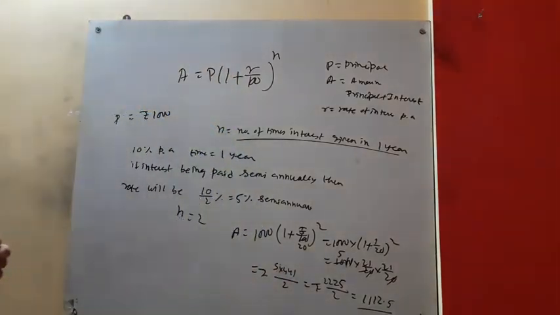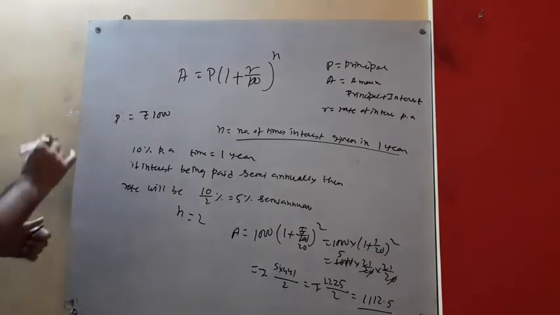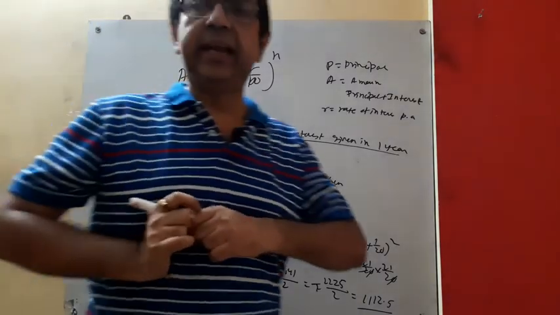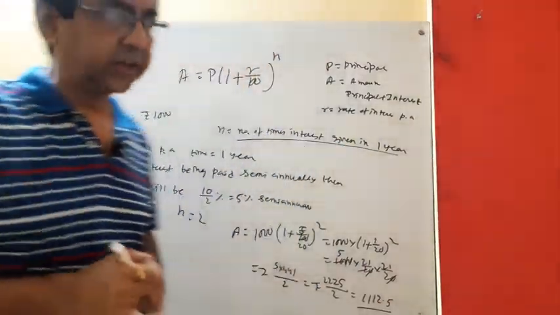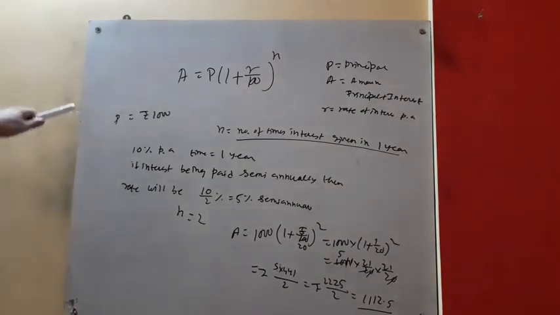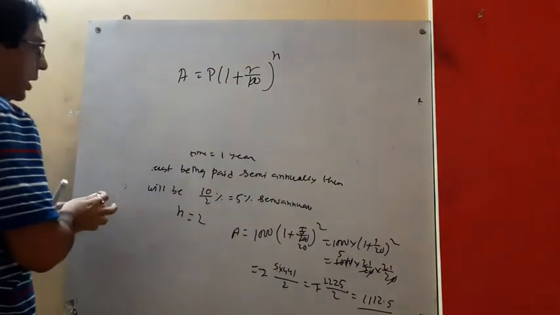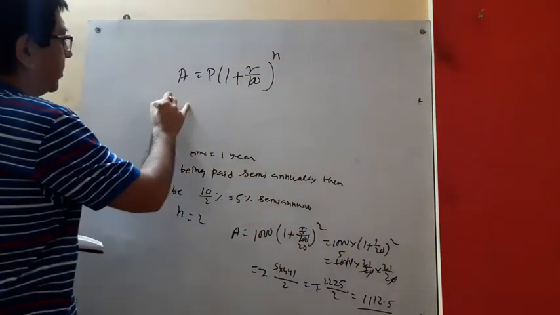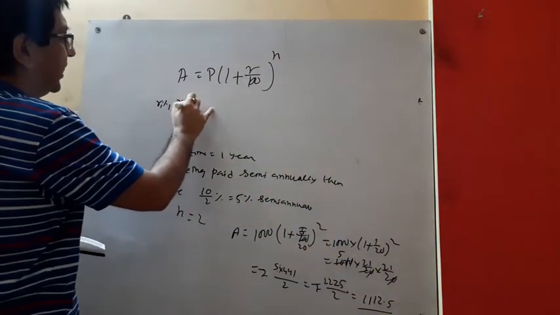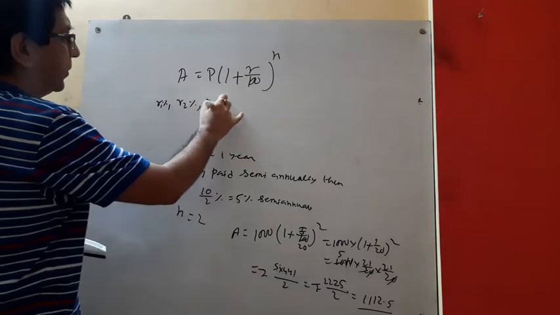Okay. Suppose it is not that the interest is the same in all years. Suppose in the first year interest is given R1%, in the second year R2%, R3%, in this way.